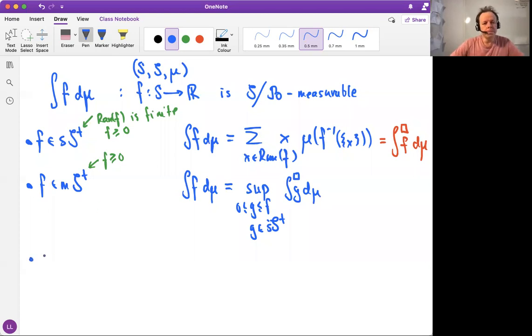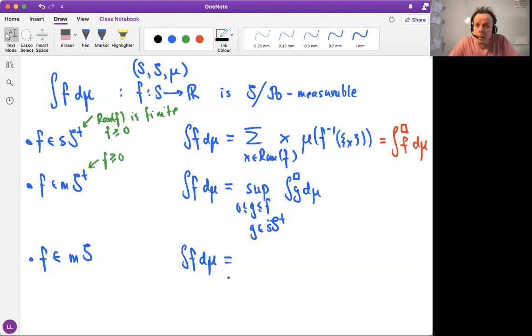And now, what about the case where f is a general measurable function? Then what should be the integral of f in this case? This is what we haven't yet seen, at least in the lectures.